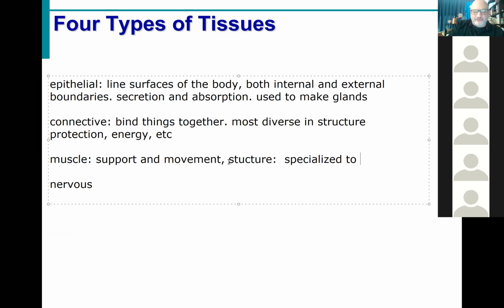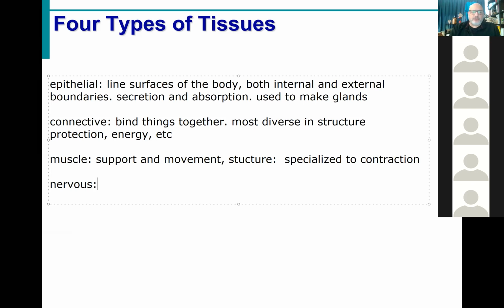It's specialized for contraction, and that contraction is what does all the things. It supports your organs, provides structure, produces movement through space, propels substances through our body, and generates heat when we're cold. Muscle's pretty much a one-trick pony, specialized for contraction.